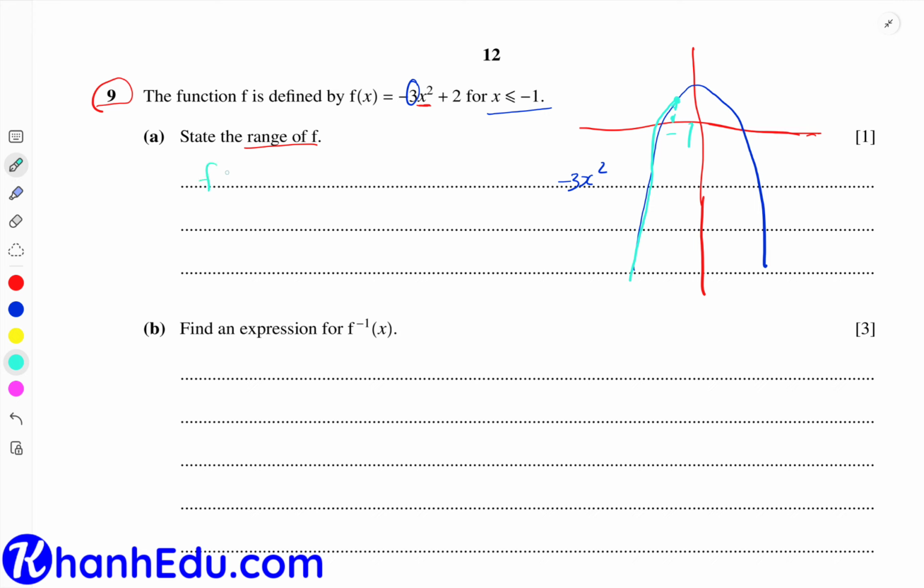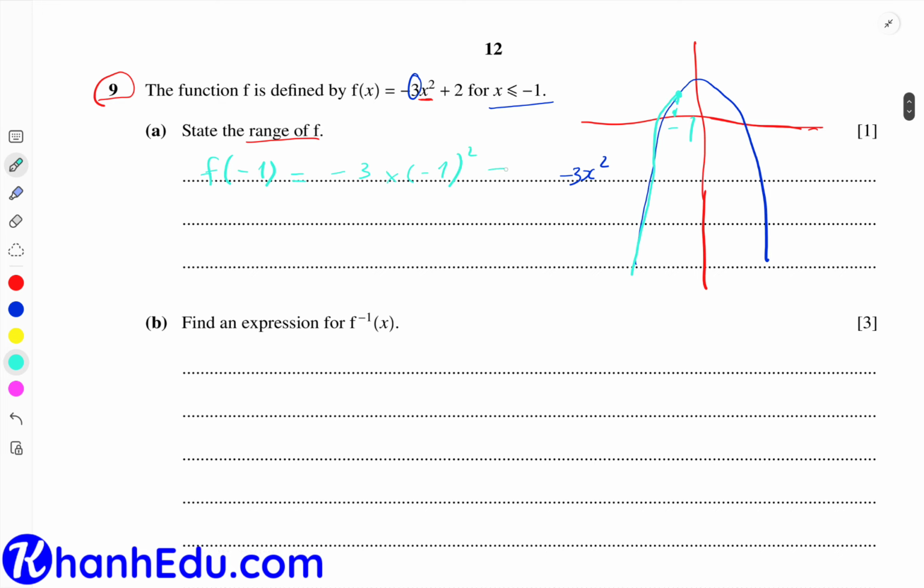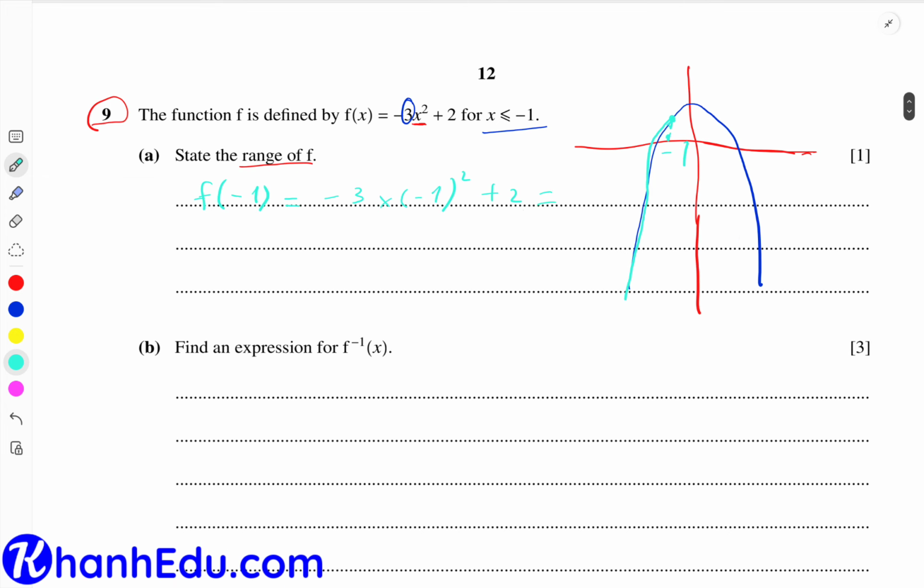So f at minus 1 equals minus 3 times minus 1 squared plus 2, and this equals minus 3 plus 2, which is negative 1. So the range of f is from negative infinity to minus 1.